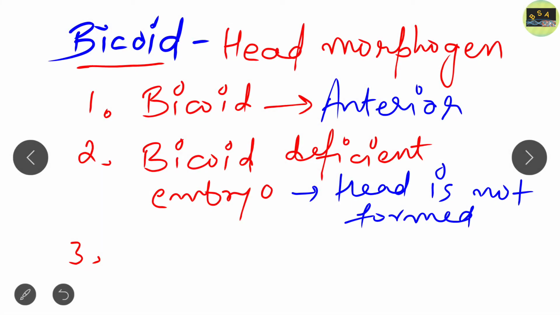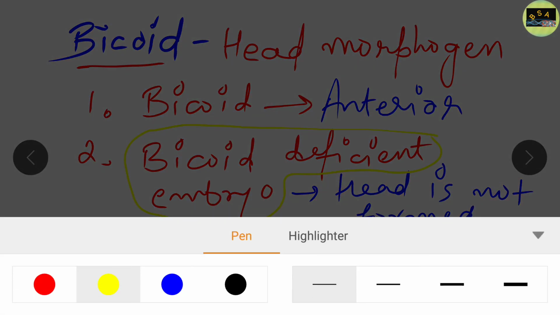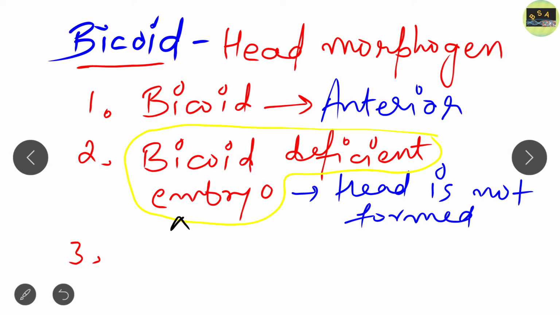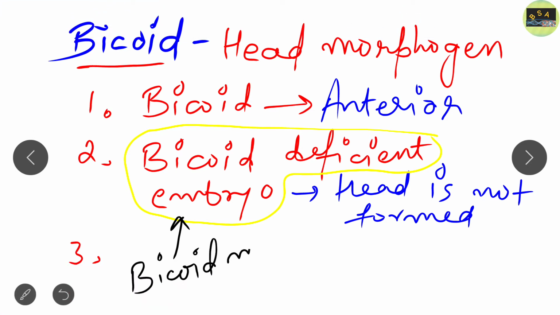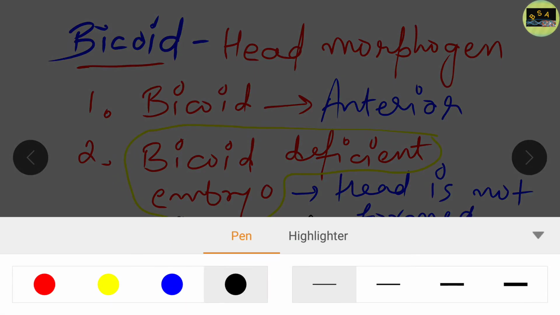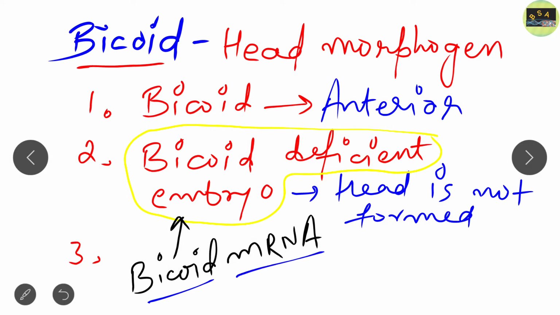If we add bicoid mRNA ectopically to this bicoid deficient embryo, the region where the bicoid mRNA is added will form head, will generate head.